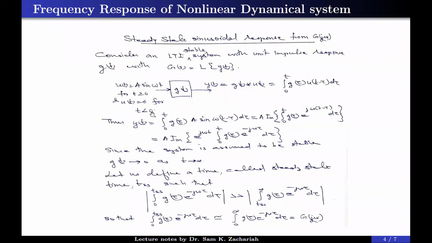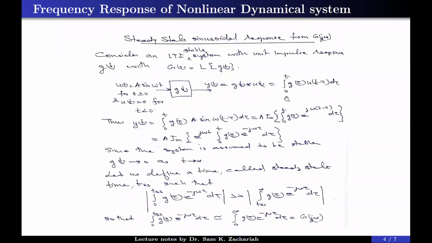For t less than 0, we are not considering; always t greater than 0. Then the output y(t) is given by g(t) convolution u(t). You know the convolution theorem: the Laplace transform of the convolution of two signals is equal to the product of their Laplace transforms. And this can be expanded as the integral from 0 to t of g(tau) u(t minus tau) d tau.